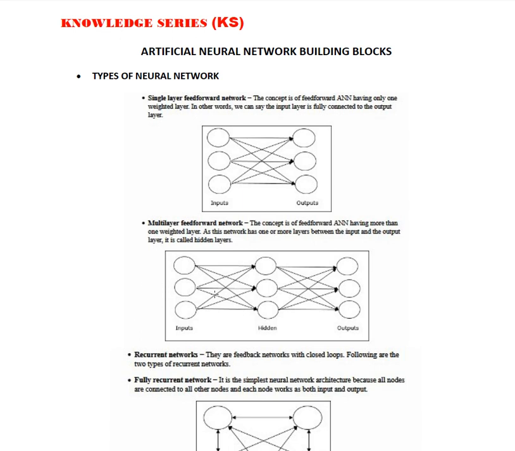Now coming to the multi-layer feed forward network, you can see the concept of a feed forward ANN having more than one weighted layer. This network has one or more layers between the input and output, called hidden layers. So you have an input layer, an output layer, and a middle layer which is termed a hidden layer.